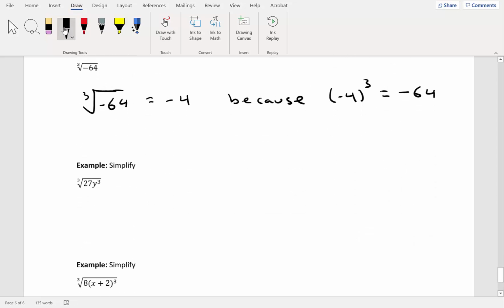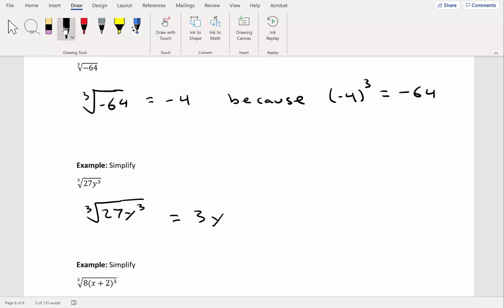Next problem, simplify. You have the cube root of 27y cubed. This time we have a coefficient and we have a variable. We'll just work them out separately. The cube root of 27: a number raised to the third power that gives us 27 is 3. And now we're dealing with the y.